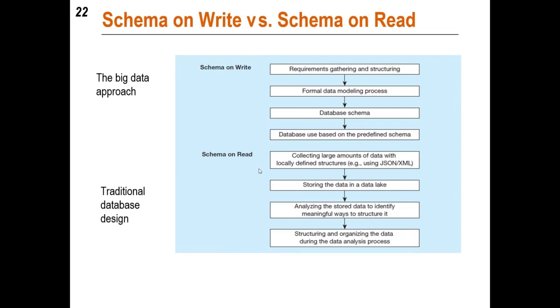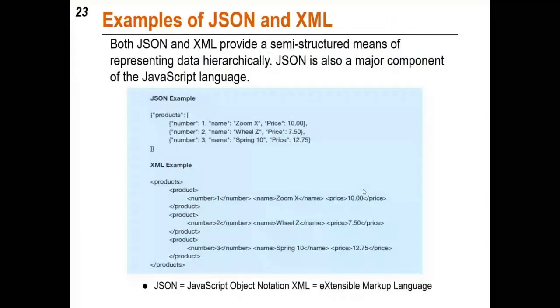So the main idea is to collect the data and record the data in different technologies. We can use JSON, or hypertext markup language, or XML technology to record the information. We store the information in the cloud data lakes, and then we define how the structure looks like when we try to use the data.